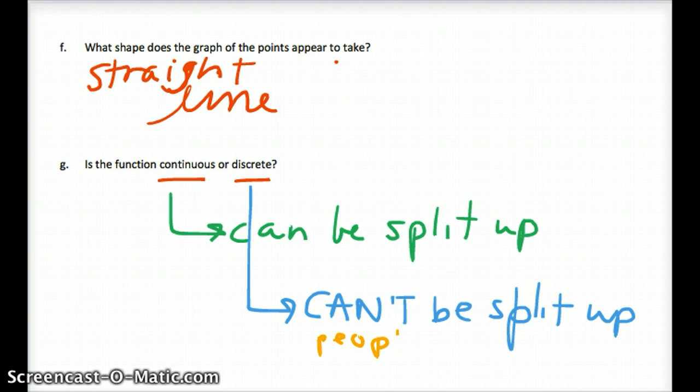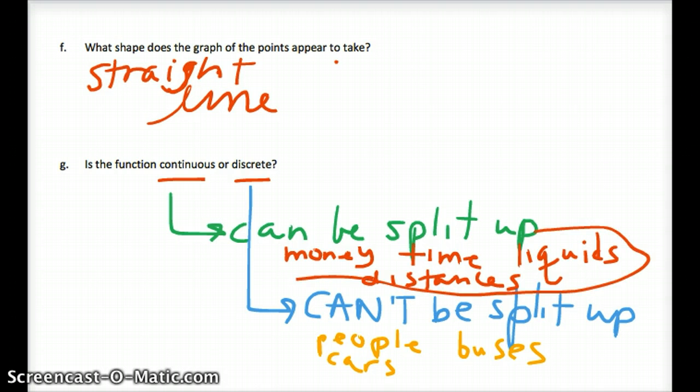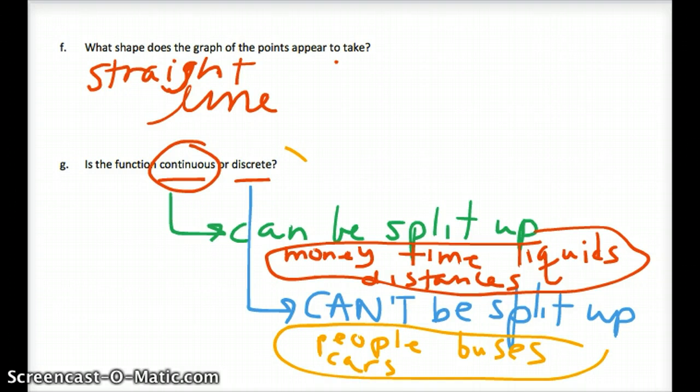So things you can't split up are people, cars, buses, things like that. Things you can split up are money, time, liquids, distances. So things written in red are continuous.